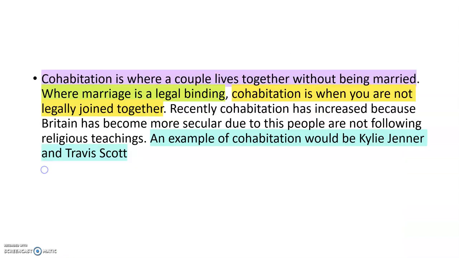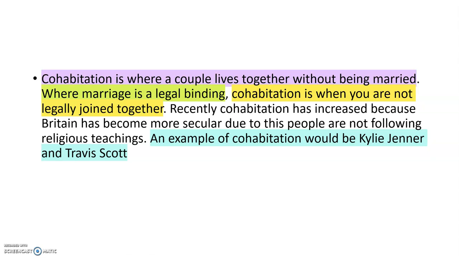This is one that we have looked at together. Cohabitation is where a couple lives together without being married. That is your first mark. Marriage is a legal binding, so that is where you've talked about what the difference is. Marriage is legal, whereas cohabitation obviously isn't. Recently, cohabitation has increased because Britain has become more secular.